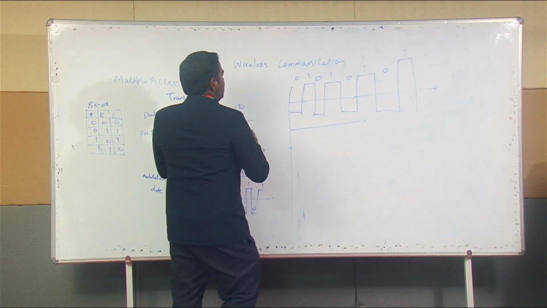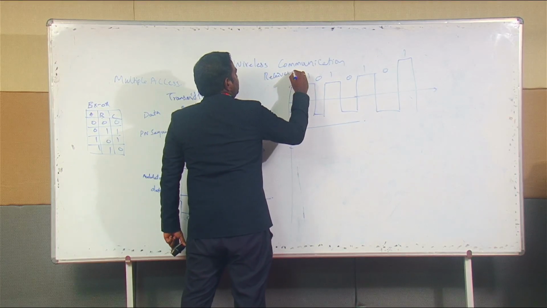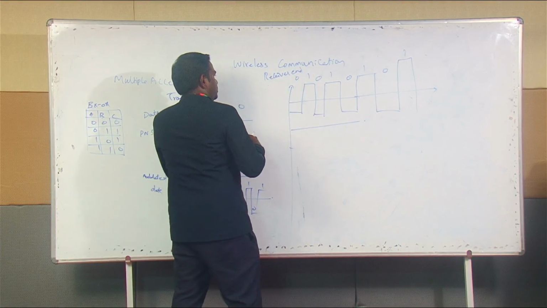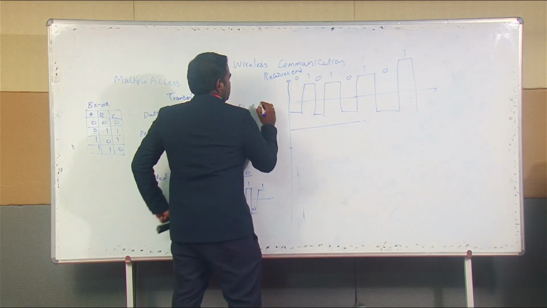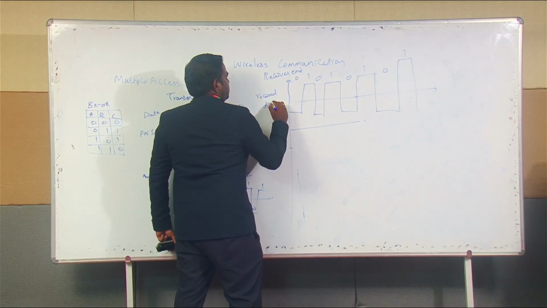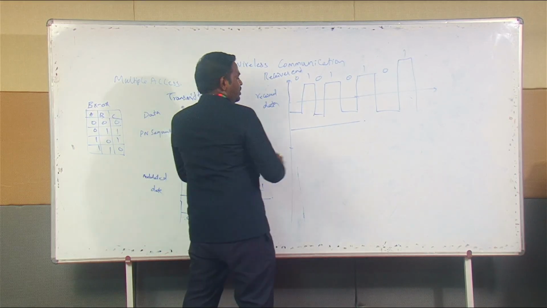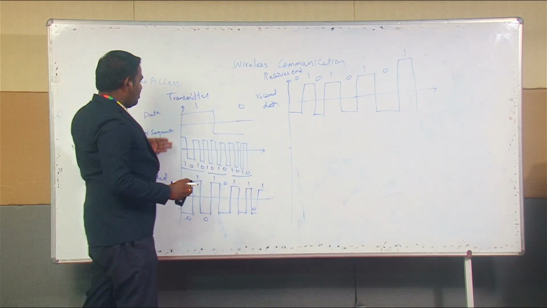Okay, this is the received data, that is the receiver end. The important thing you want to note here is the same PN sequence.